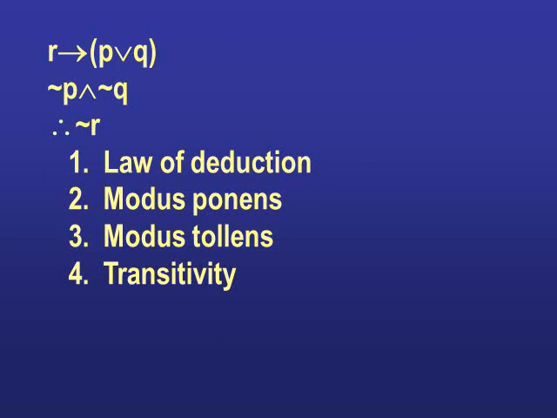Okay, this one's a little trickier because we don't have actual words. So, we're starting with R. R, therefore, P. Now, see if you can remember what the upside down V, or the upside down carrot as I call it, the V looking thing, is.